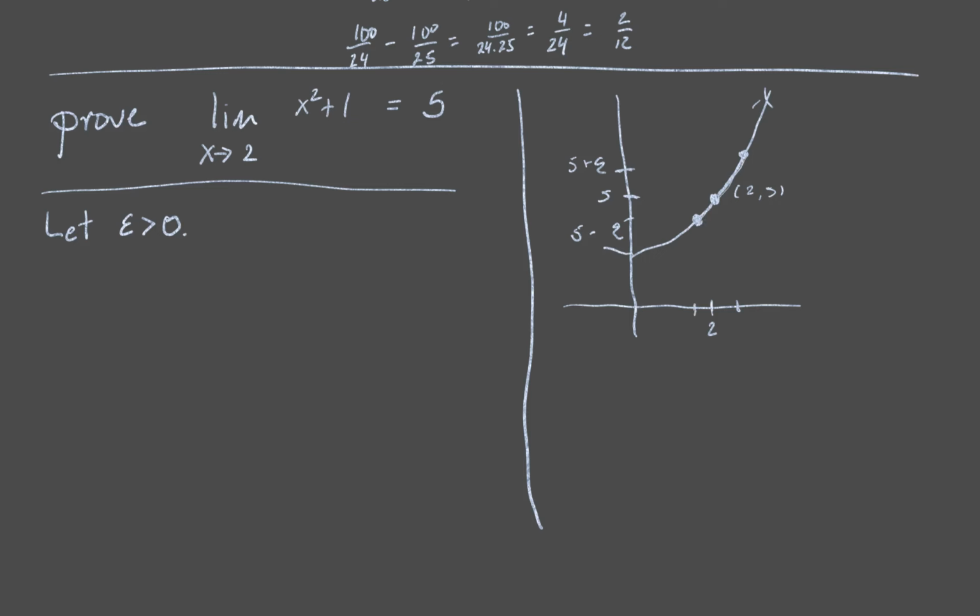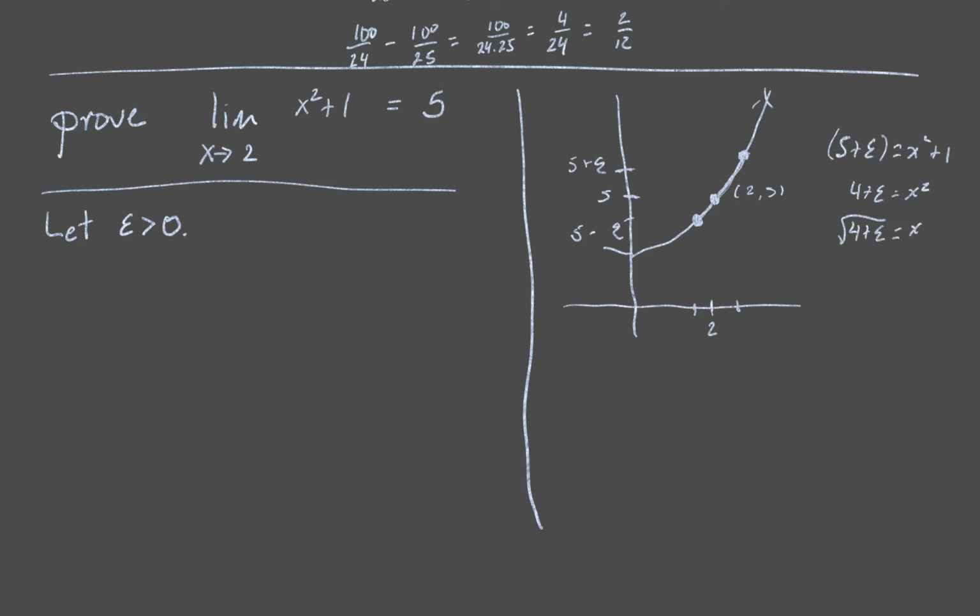So let's solve for each of these. So I've got 5 plus epsilon equals x squared plus 1. So I get 4 plus epsilon equals x squared. And so the square root of 4 plus epsilon is equal to x.